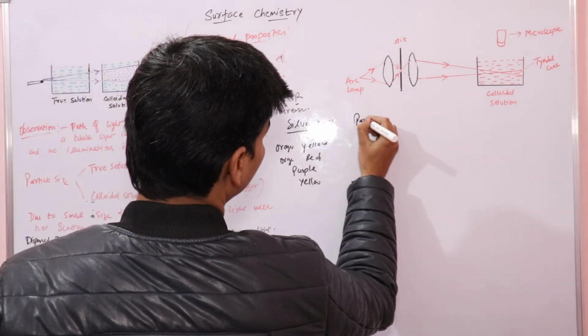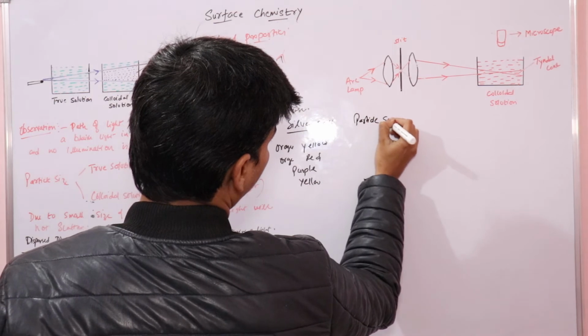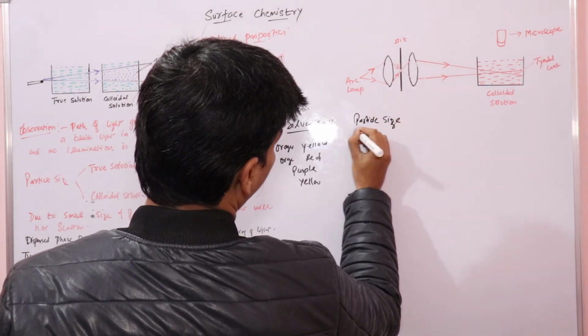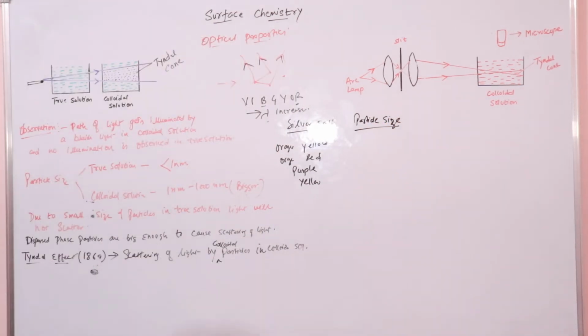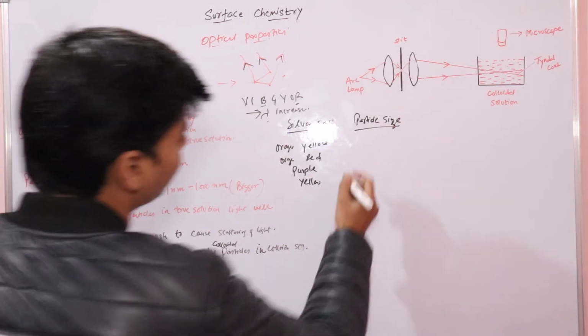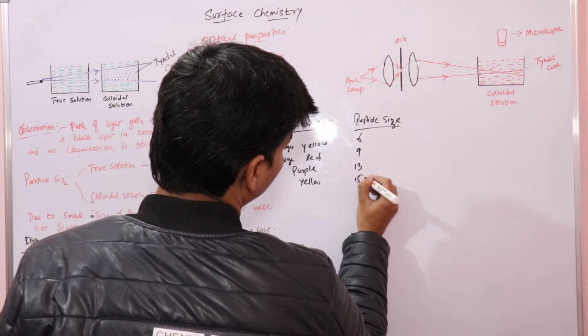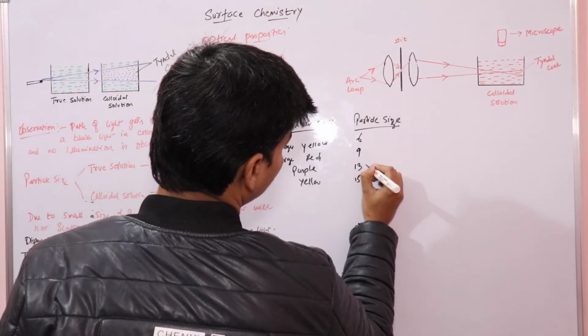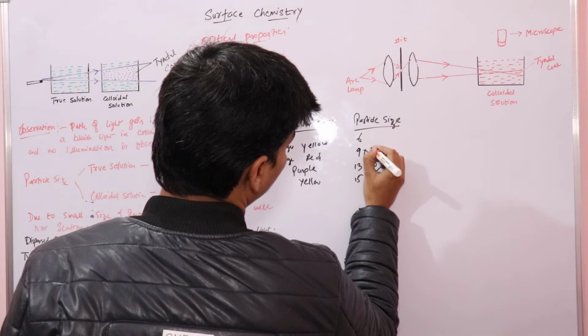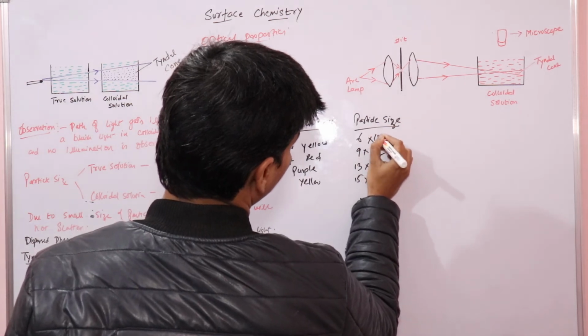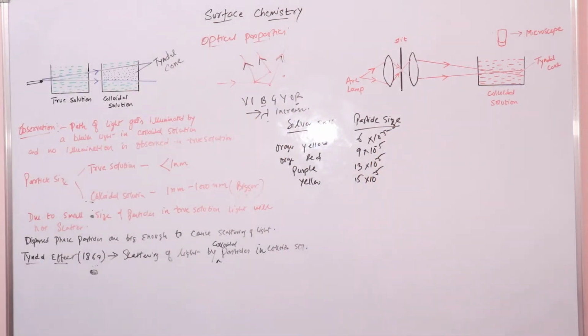If you look at the particle size, it is of the order of 10 to the power of minus 5 nanometer for these colors.